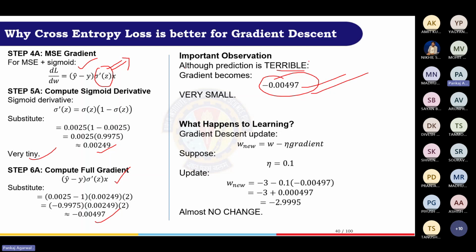If the prediction was terrible, we expected a huge adjustment from the gradient side, right? Which was not done. This is because of this particular term. So what is happening to the learning? In the gradient descent update, you can see there is almost no change, right? Earlier this value, we can see from the data. So there's almost no change in the gradient descent.